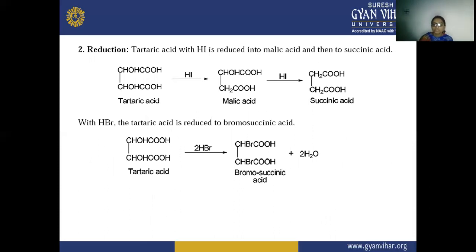With HBr, tartaric acid is reduced to bromosuccinic acid. So here tartaric acid is reduced to bromosuccinic acid on treatment with hydrogen bromide, and there is also the removal of a water molecule.